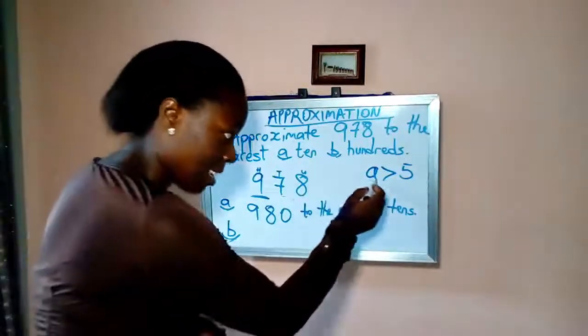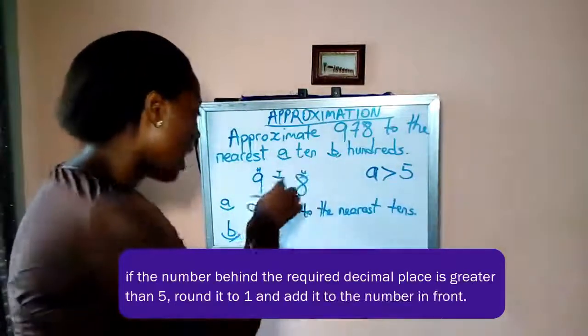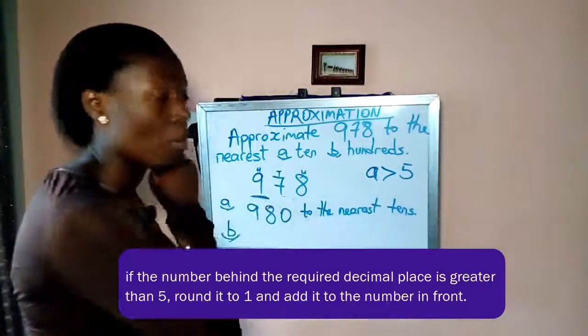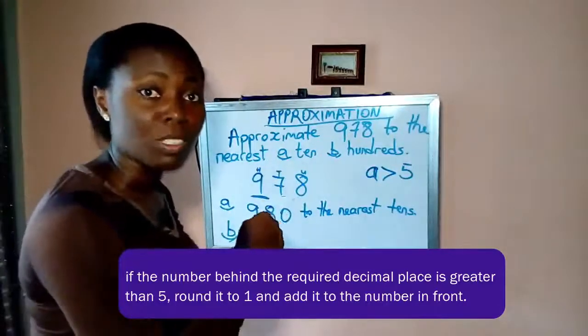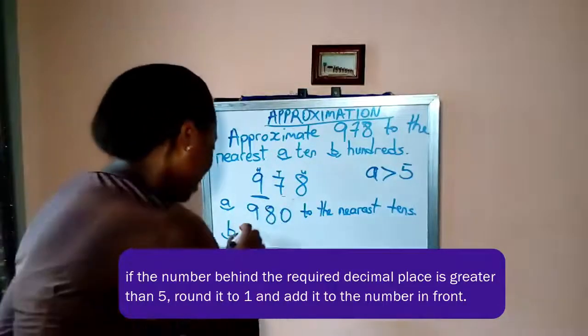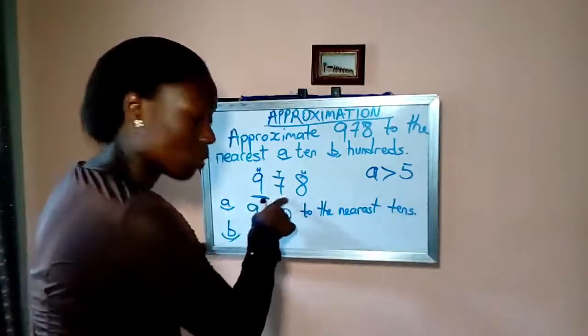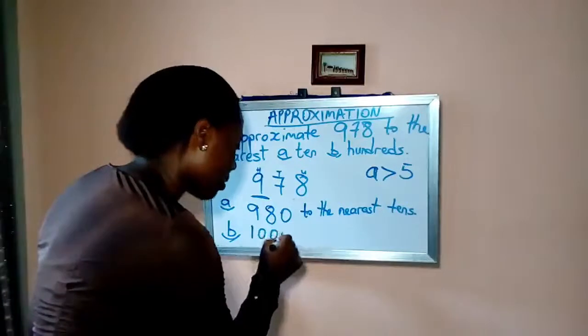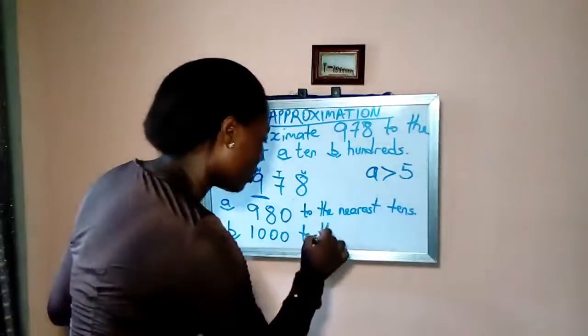Again, if our number is greater than 5, we round it up to 1 and we add it to the number in front. Now, 9 plus 1, what does it give us? It will give us 10. So, in that position, we have 10. Then in these other positions, we put our 0, to the nearest 100.